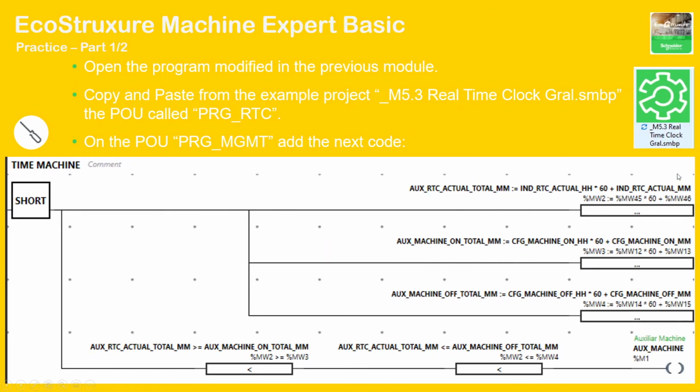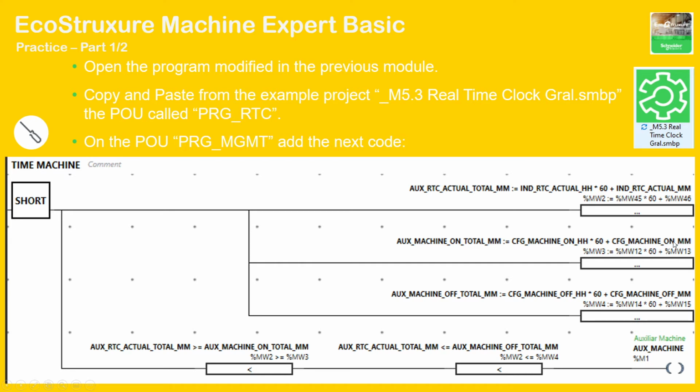So I can read the actual time of the PLC, okay? And I can read the actual time in hours, okay? The part of the hours, multiply by 60 to read only minutes. And then if I work with an HMI, I can put on the HMI this variable, okay?